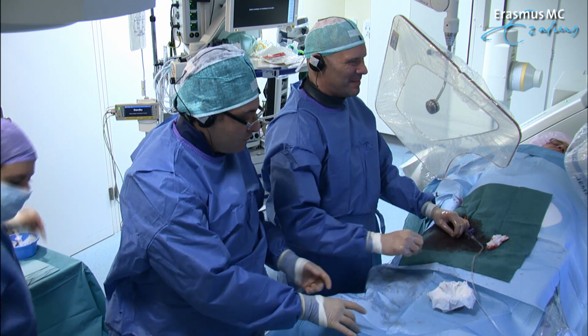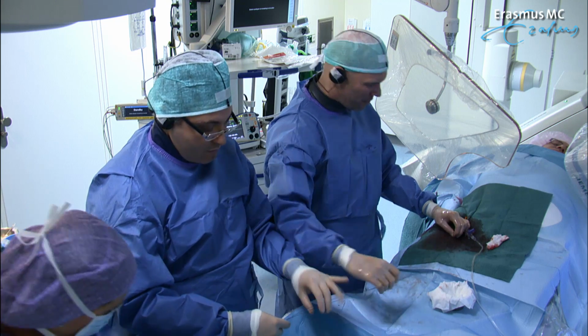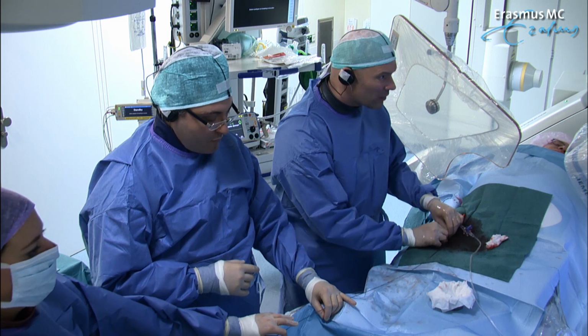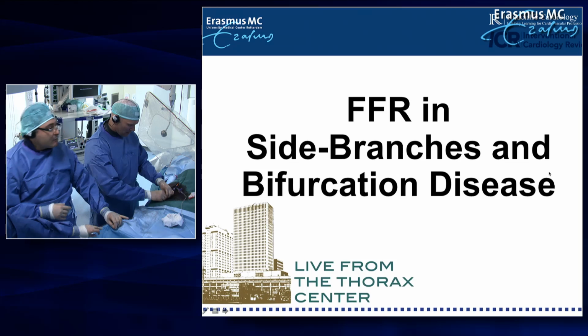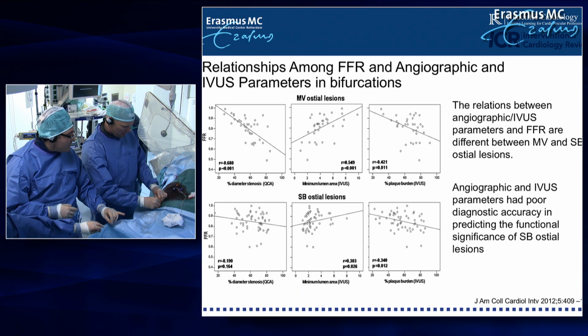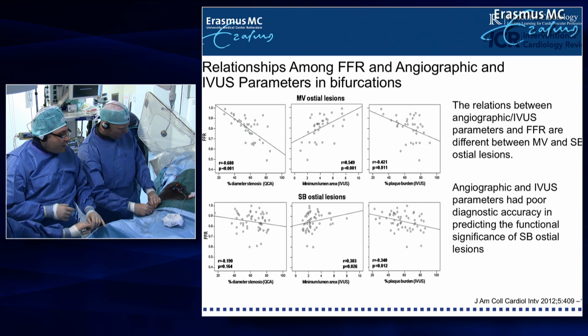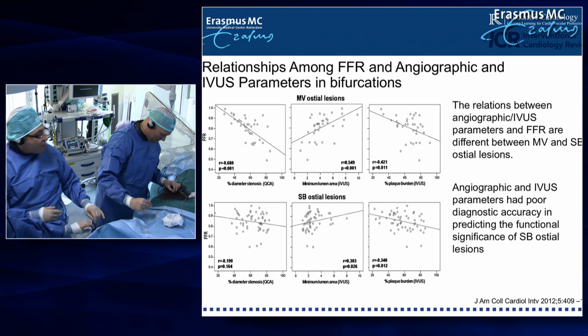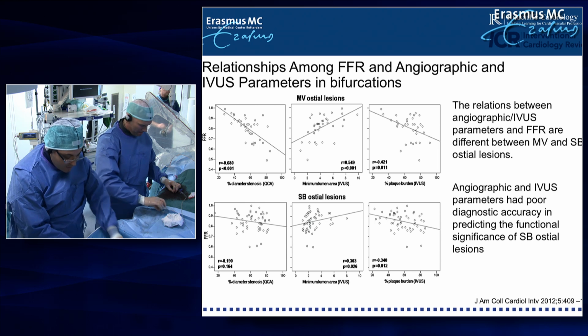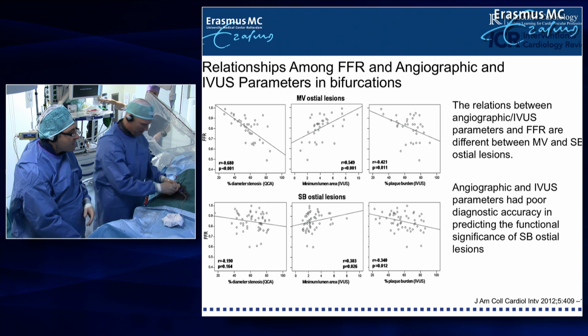So let's see. Roberto, what do you think about the value of FFR in treatment and strategies of bifurcations? Well, bifurcation makes our life always a little bit more difficult than the standard PCI. When we talk about FFR in bifurcation, I may say that we don't have a lot of data, but we have some interesting studies.